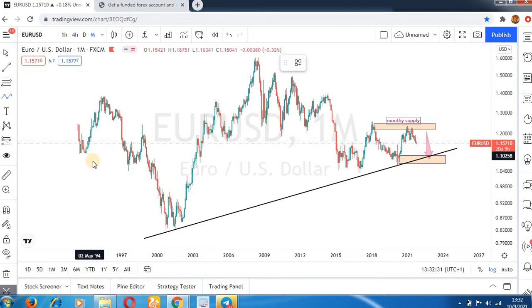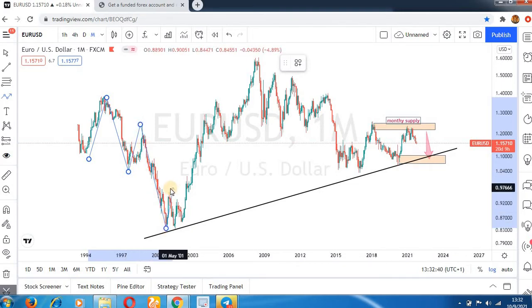Okay, so now I'm counting my waves. Just 1, 2, 3. Let me call this some form of consolidation. If I were doing the analysis myself, I don't need to bring out this tool.